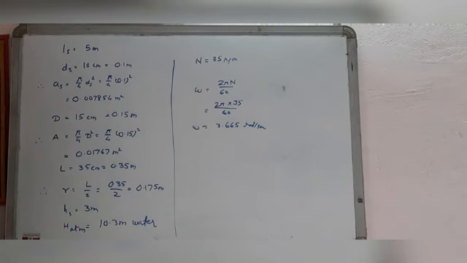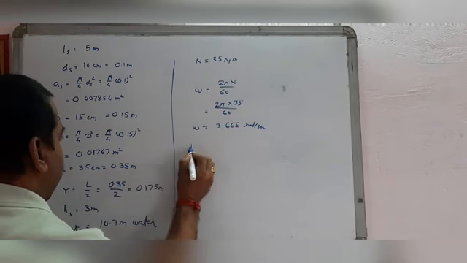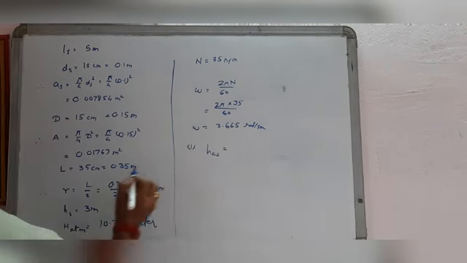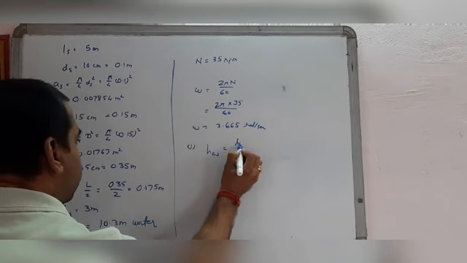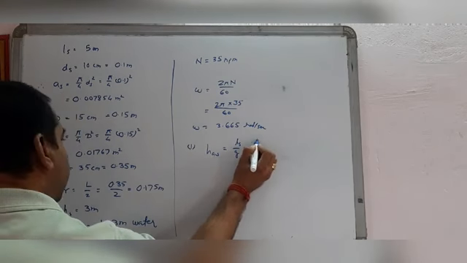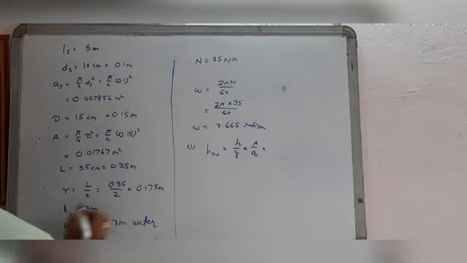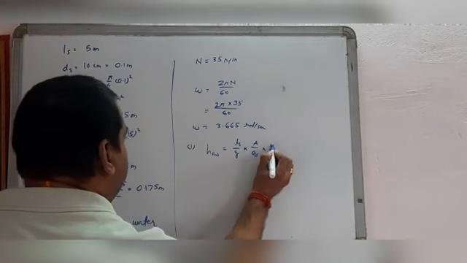Now we have to calculate the pressure head due to acceleration in suction pipe, and it is given by HAS equal to LS by G into A by AS into omega square R cos theta.